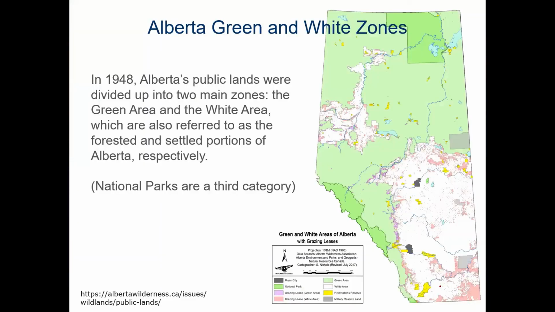So a couple other things for today. One thing that you may hear about in some of your other classes is sometimes they talk about Alberta green and white zones. And this has a lot to do with various types of resource management, including water. The green zones are often considered to be like public, and the white zones are more private.